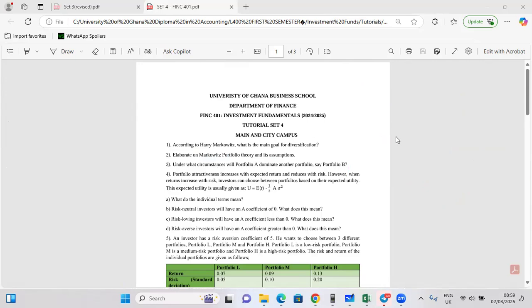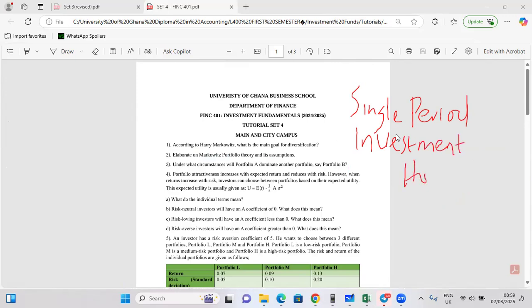The last but not the least is a single period investment horizon, right?